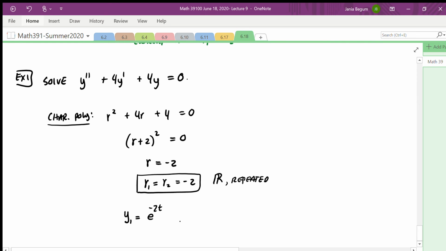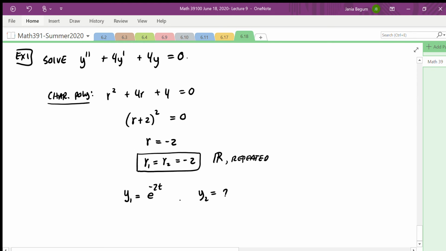Well, now the big question is, what is the second solution, right? So we want to find how would the second solution look like if the roots are repeated, because we only know one solution to this because we only computed one value for r. So this is where I'm going to show you the illustration. How do we derive the second solution using the d'Alembert's method, which is also called the reduction of order.